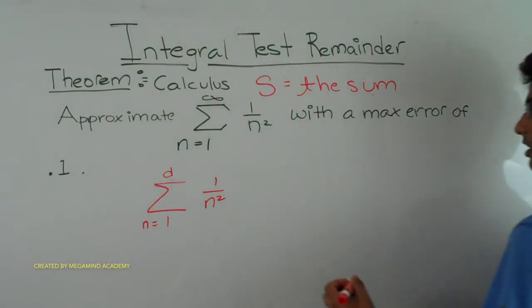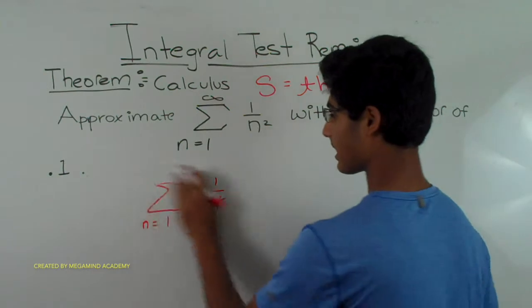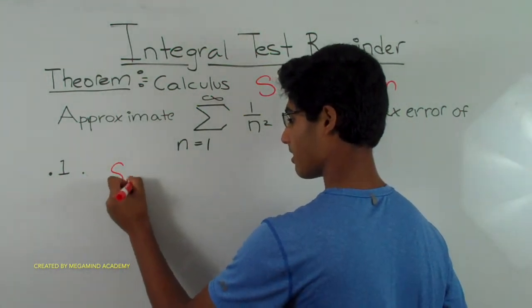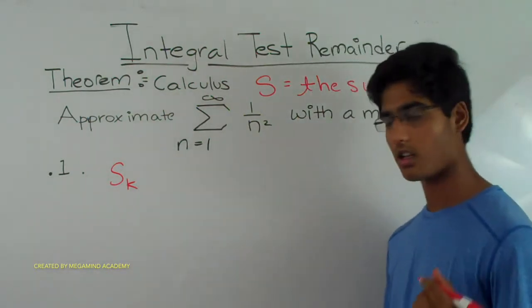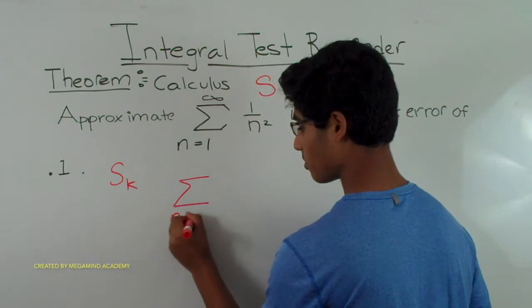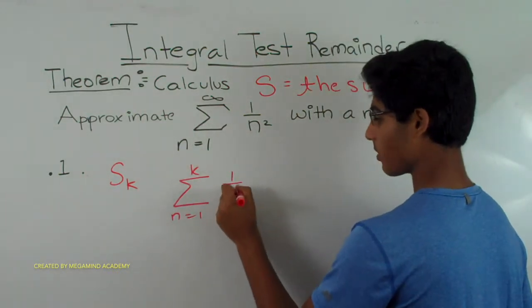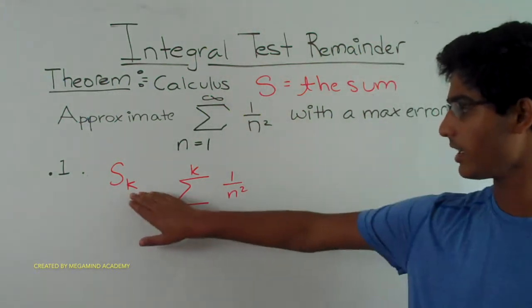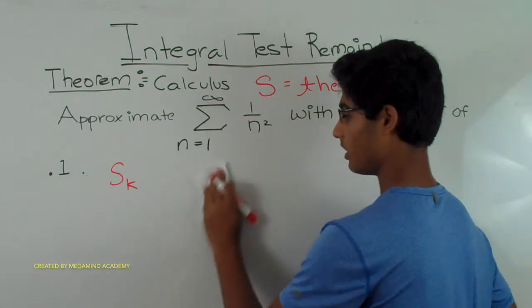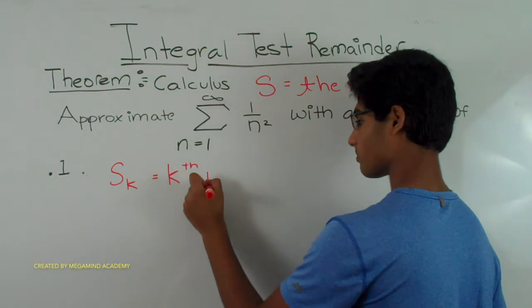The next thing that you have to know is S sub k is the kth partial sum. What that means is you have the sum from n equals 1 to k of 1 over n squared. So it's just telling you what value you're going to stop at. So let's just write that down. Kth partial sum.